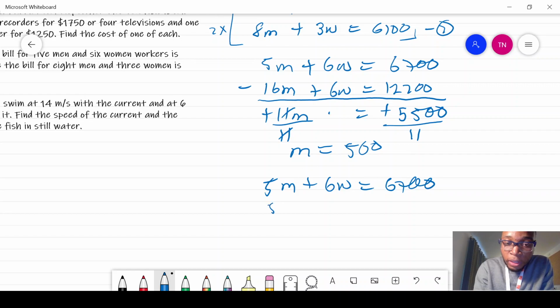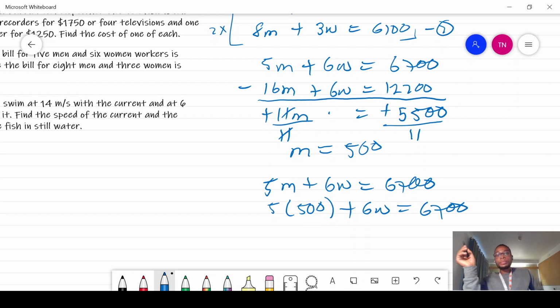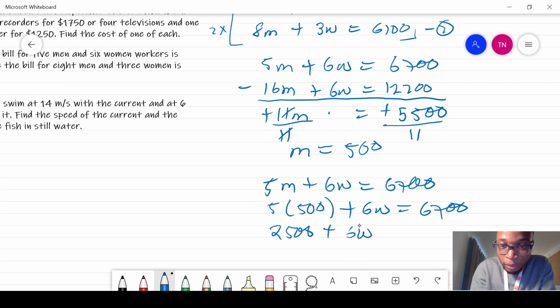We substitute M into the equation, so this is going to give you 2,500 plus 6W is equal to 6,700.